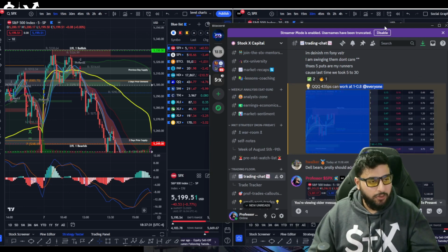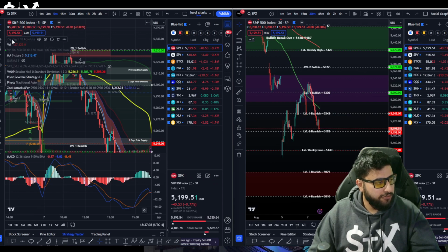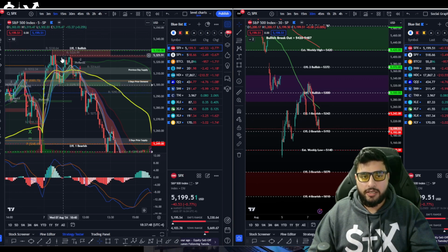Okay, so on the daily, what really helps, if you guys are familiar with Zach Morris, I've been using his indicator, this Zach Attack that you see right over here. Very great indicator to help me figure out the zones. It also helps me avoid chasing premiums.